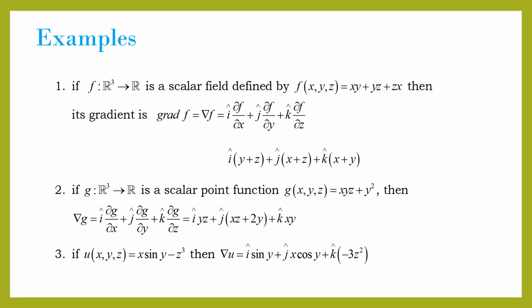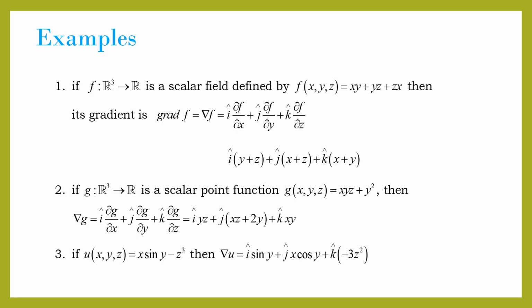Now, what is the gradient of this particular scalar field g? It is del g. Del g equals i cap dou g by dou x plus j cap dou g by dou y plus k cap dou g by dou z. Now, we have to just plug in our values of partial derivatives here. Then we get del g equals i cap yz plus j cap (xz plus 2y) plus k cap xy.